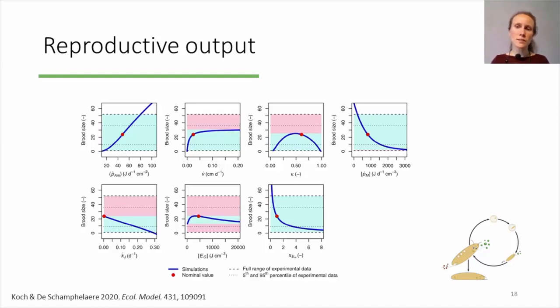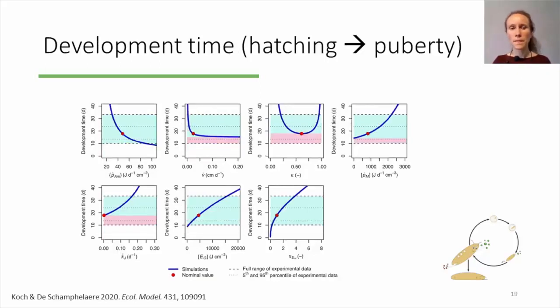And we also see that some parameters do not have much impact on reproductive output here. What about development time? So here, of course, some values will be straightforward again. So a quicker development with higher PAM, which translates into a longer development time at lower PAM.